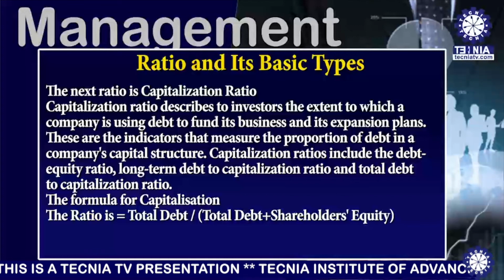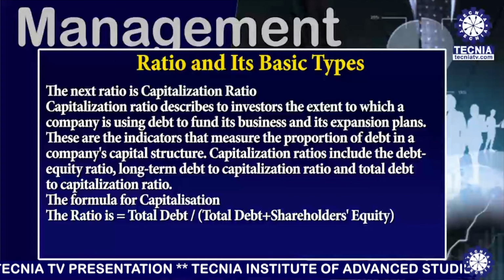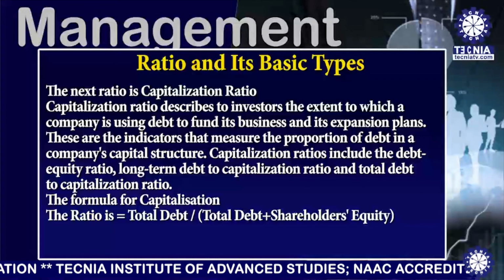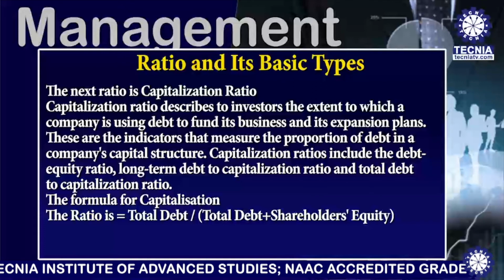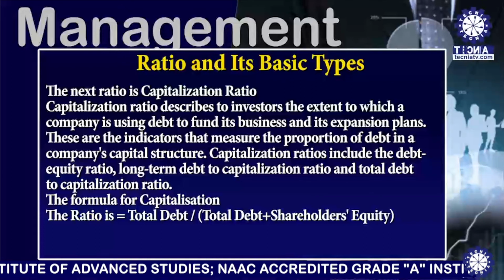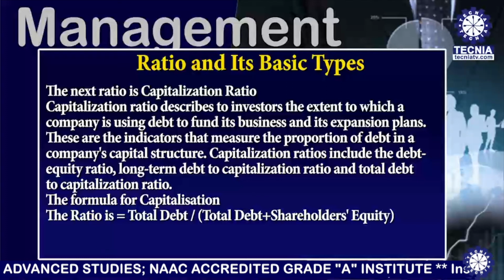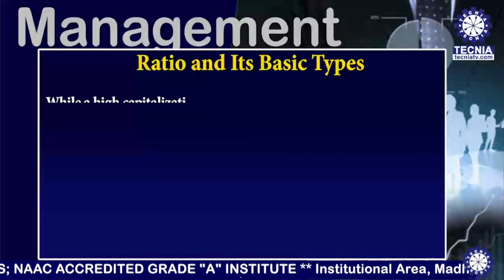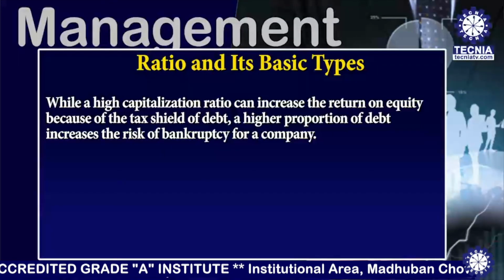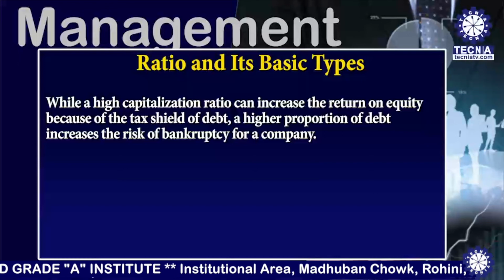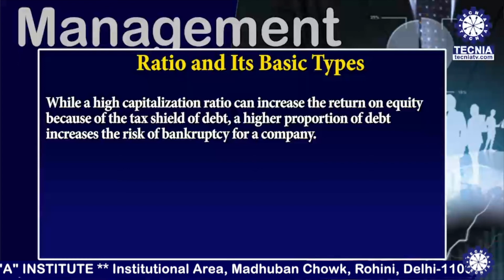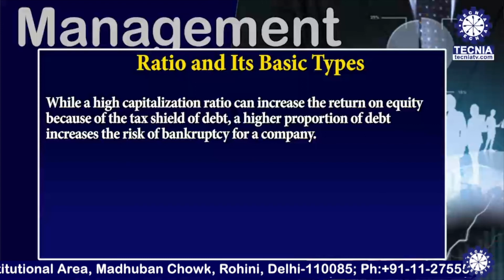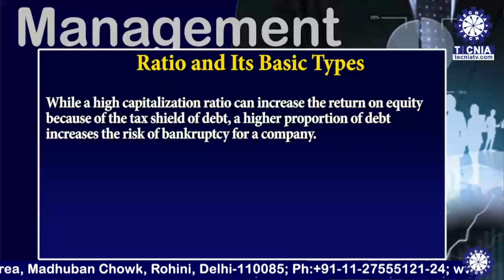Capitalization ratios include the debt equity ratio, long-term debt to capitalization ratio, and total debt to capitalization ratio. The formula for capitalization ratio is total debt divided by total debt plus shareholders' equity. While a high capitalization ratio can increase the return on equity because of the tax shield of debt, a higher portion of debt increases the risk of bankruptcy for a company.